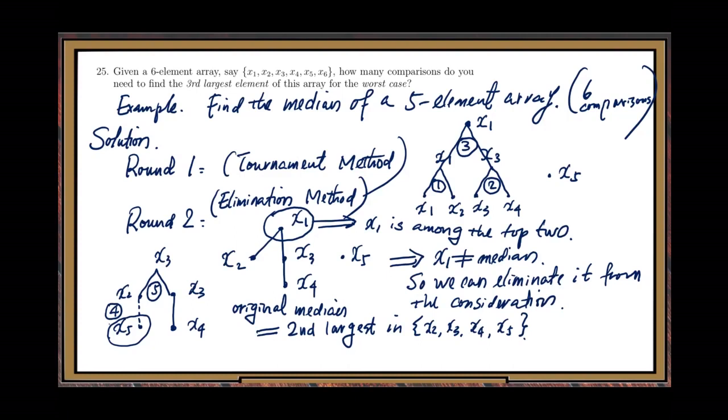That means we can eliminate x5 here. After elimination, only 2 elements left: x2 and x4. You just need one comparison to get the larger one. This one could be x2, could be x4, and this is the second largest.